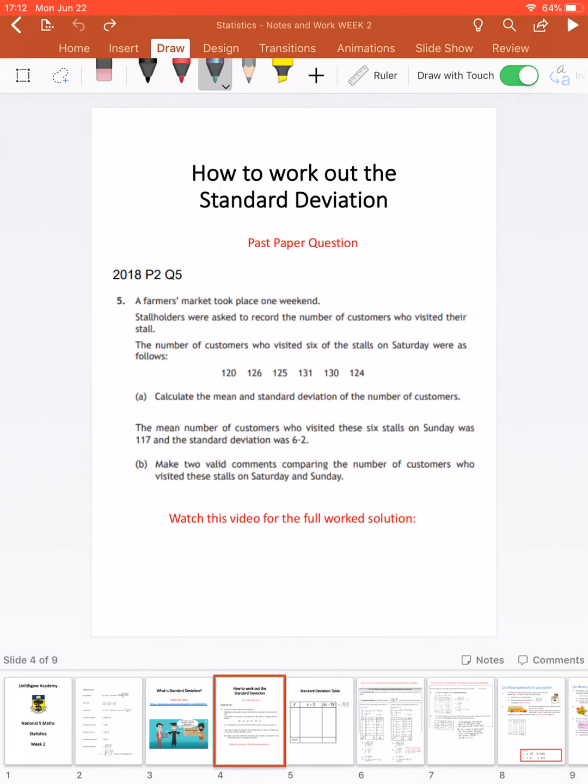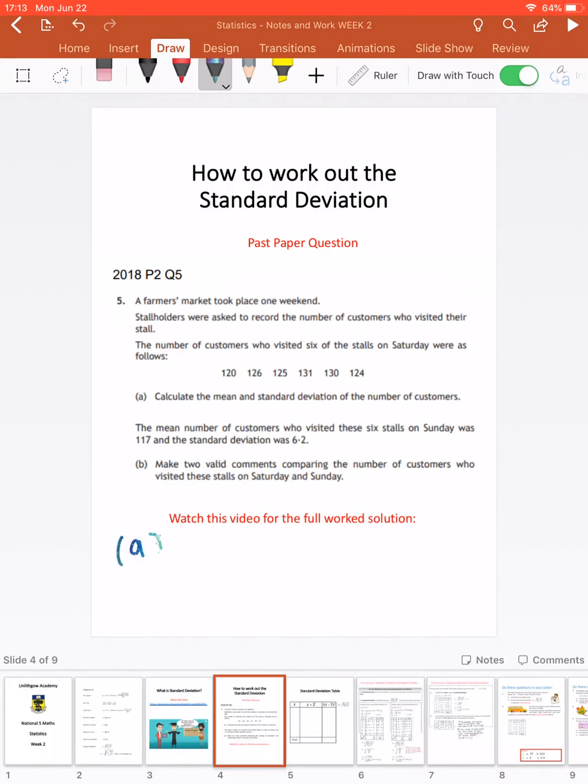But let's go back to our question. Calculate the mean and standard deviation. So let's do some working to get the mean first. Now this is in a calculator paper, paper 2, so you will still want to show some working.